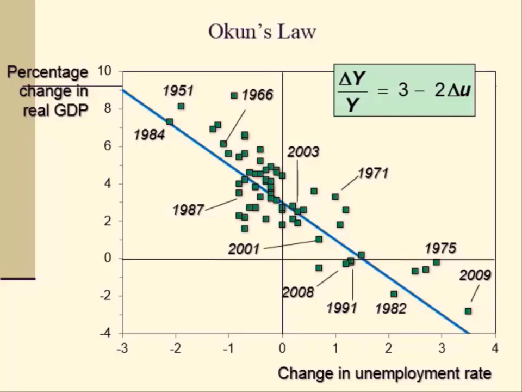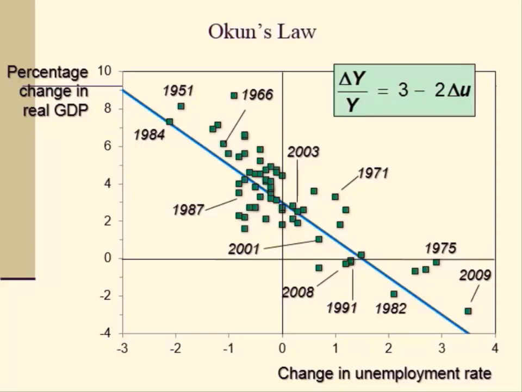Using statistical techniques, you can estimate the Okun's law equation on page 285 for this case. The estimation is: percent change in real GDP equals 3% minus 2 times the change in the unemployment rate. This relationship states that if the unemployment rate is unchanged, then real GDP will grow at its potential rate of about 3%.